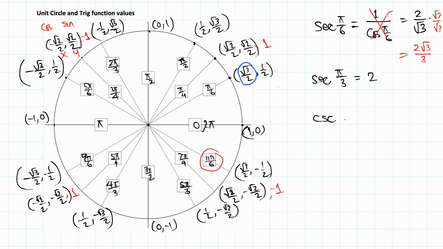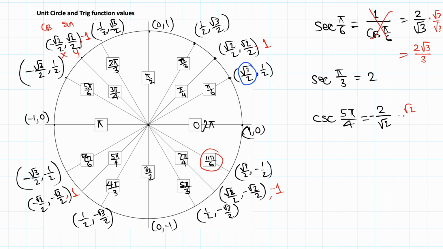Let's say cosecant pi over 4. Cosecant is the reciprocal of sine. Sine is the y coordinate. So pi over 4 is here, negative root 2 over 2. The reciprocal would be 2 over root 2. Don't forget the negative.